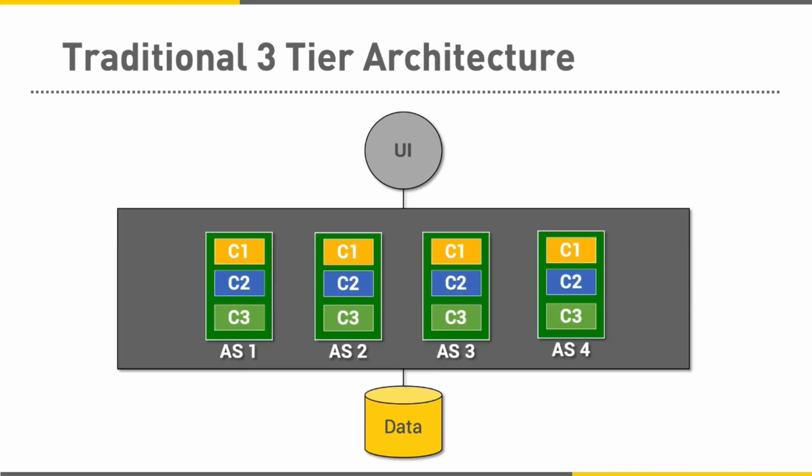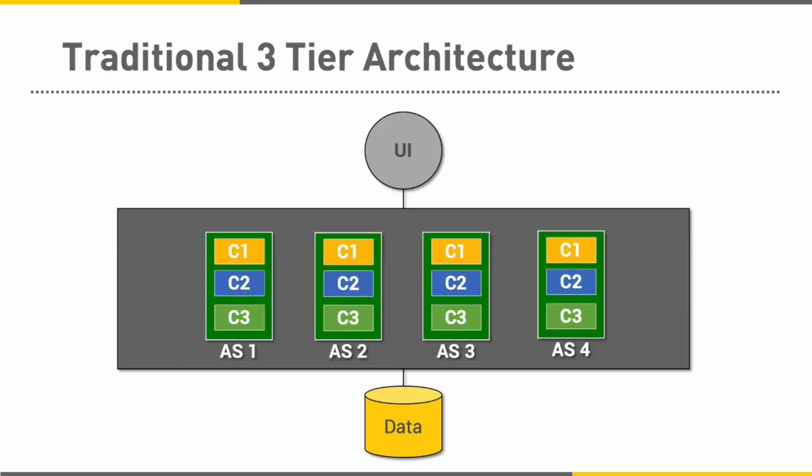But the challenge with this is when we scale, our unit of deployment and scaling is typically done at an application server level. For example, if we have three components in our three-tier architecture, and one of the components is actually taking the maximum resource utilization, we cannot selectively scale that component.